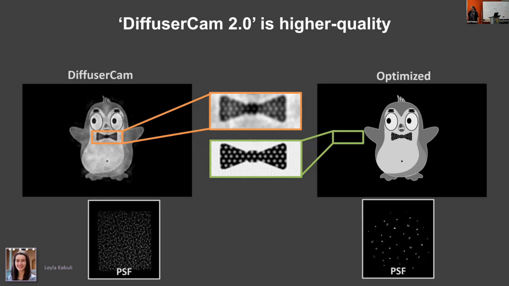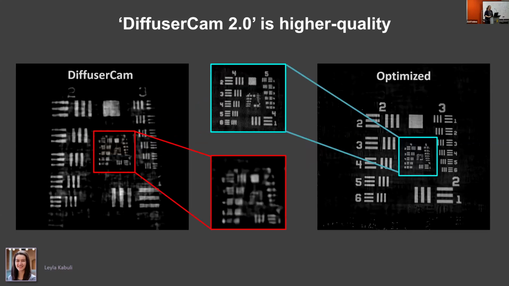That's what we had, so she did the 2D version. It's already a lot better than the diffuser itself. Here's another example where we can see significant improvement in the quality of the results as you change to this random grid of spots PSF.